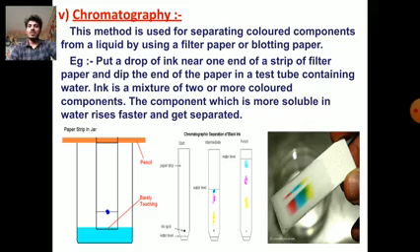For example, put a drop of ink near one end of a strip of filter paper and dip the end of the paper in a test tube containing water. Ink is a mixture of two or more color components. The component which is more soluble in water rises faster and gets separated.